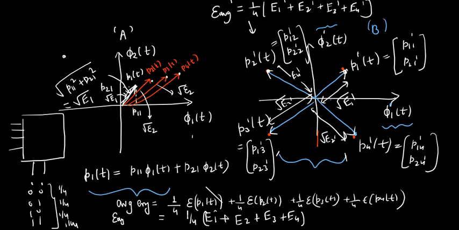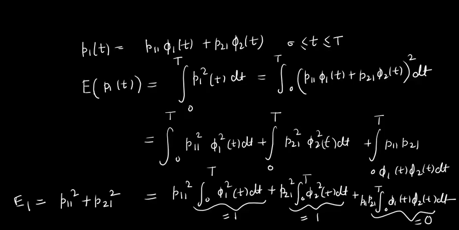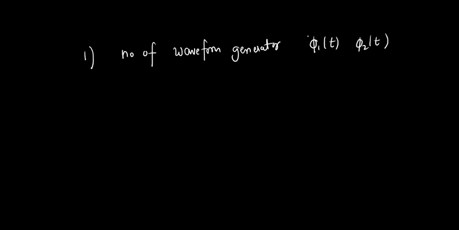Understood, Abhishek? So first, the number of filters or waveform generators for the case of A is phi 1(t) and phi 2(t). Second, the average energy which you are using at the transmitter is E average.